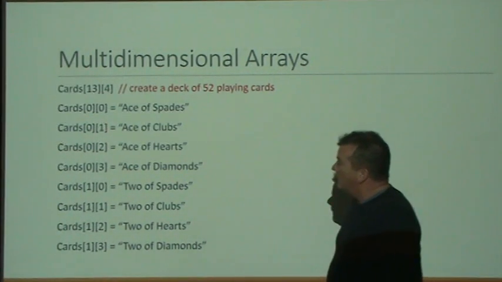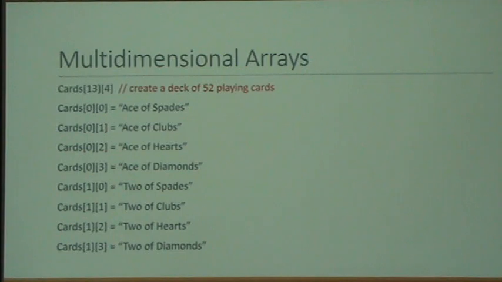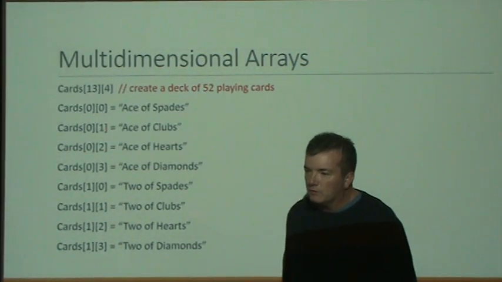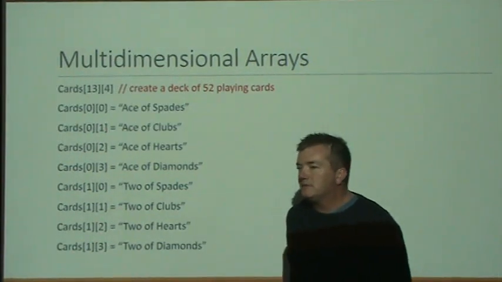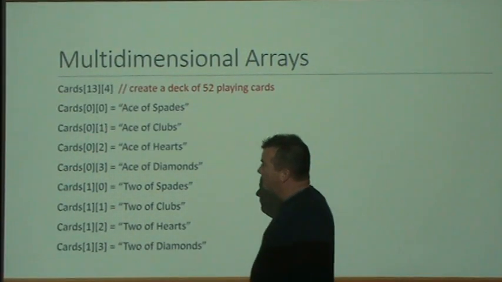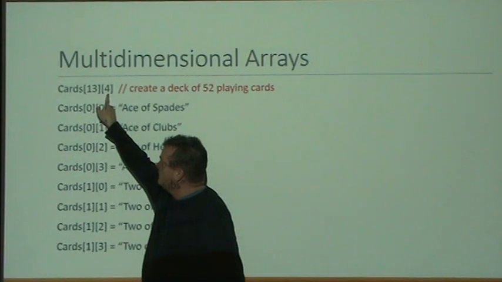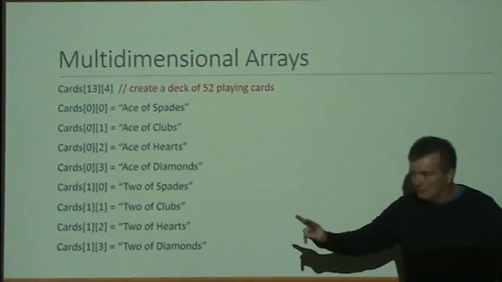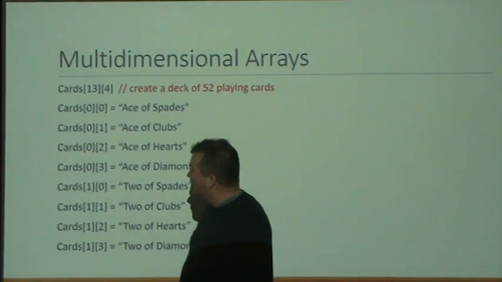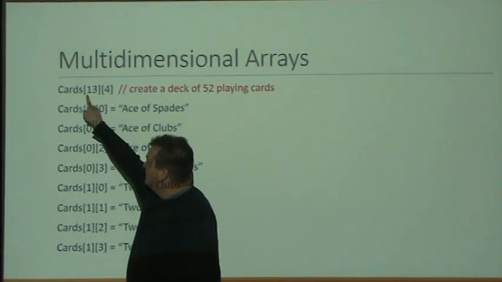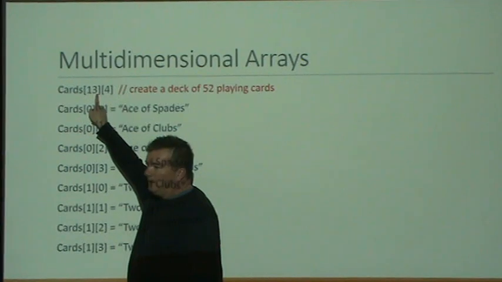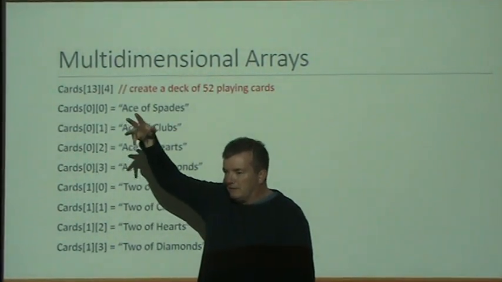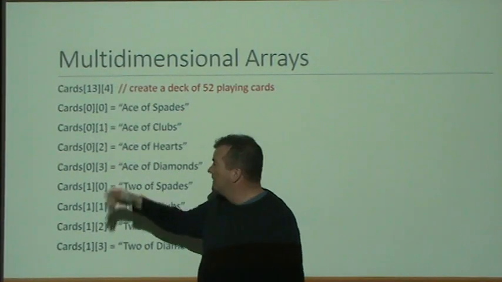Now, there's also the idea of multidimensional arrays. Suppose you wanted to have a deck of cards, and you wanted to have 13 different ranks and 4 different suits. So we could make a 2-dimensional array called cards, and the row has 13 ranks to it, like aces, 2s, 3, 4, 5, 6, 7, 8, 9, 10, Jack, Queen, King.